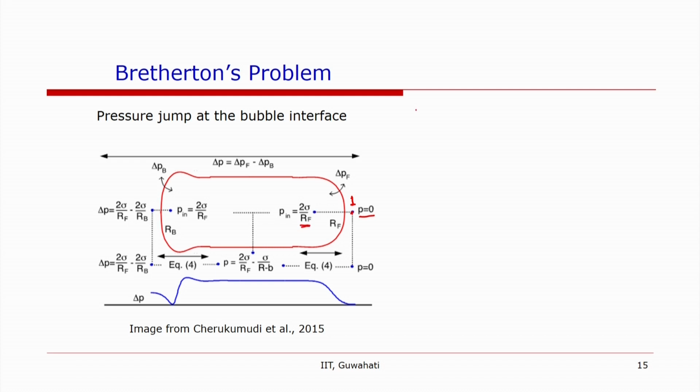Note that pressure is almost uniform in the bubble when you compare with that in the liquid region. So with respect to this point, we have the pressure difference 2 sigma over Rf at the bubble front, and that same pressure will be everywhere in the middle and back of the bubble.